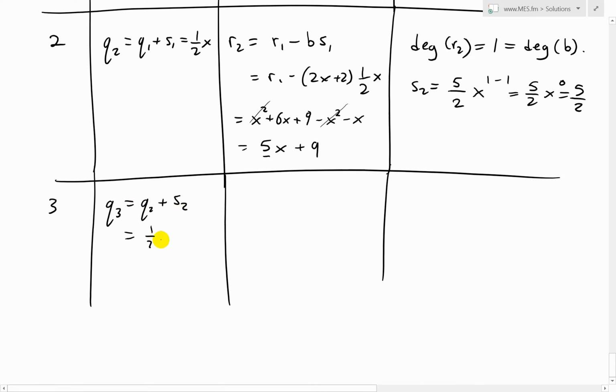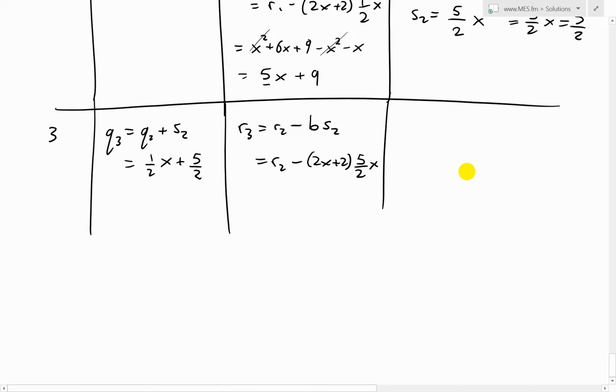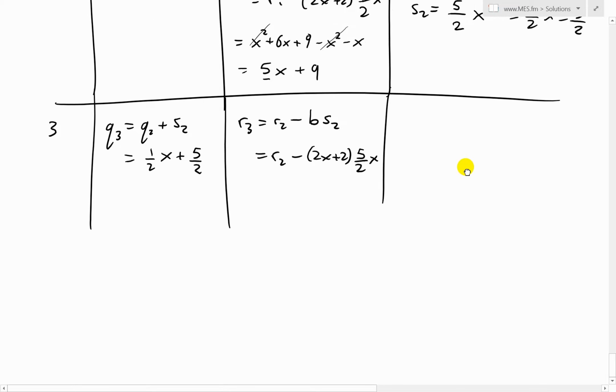So R3 equals R2 minus BS2, which equals, again, R2 minus, now we have 2x plus 2, and then we have this 5 over 2 over there. That's the S2 value. And then what we do, this R2 is just equal to 5x plus 9. Multiply this out. The 2's cancel. We get minus 5x. So again, we can cancel these out like that. Then we have this minus 2's cancel there.